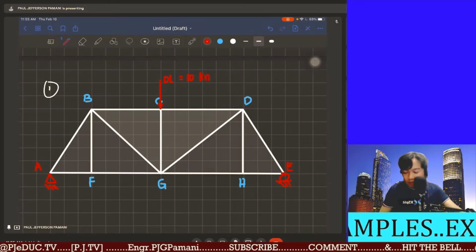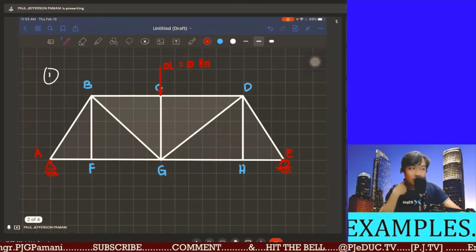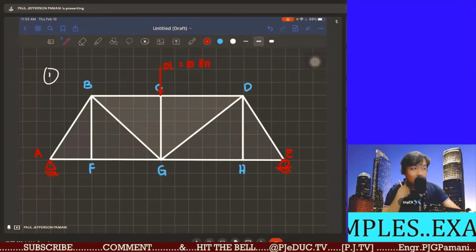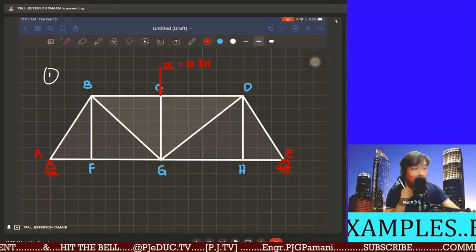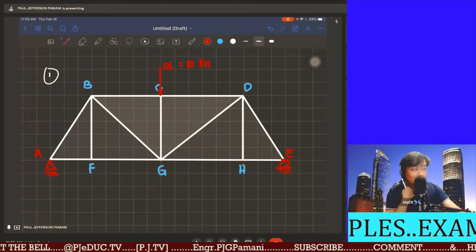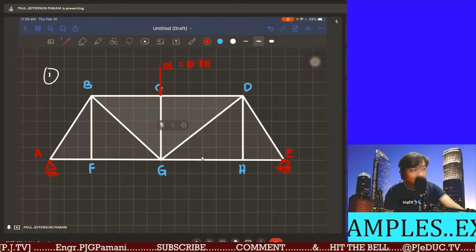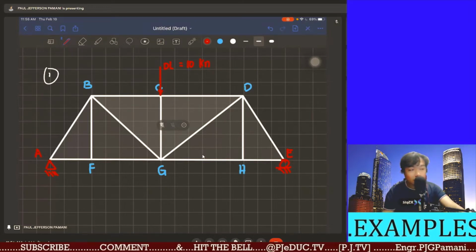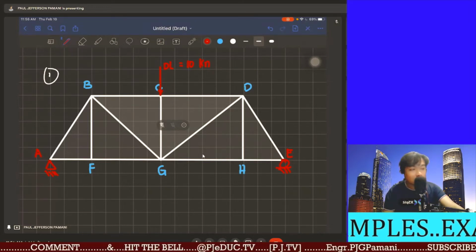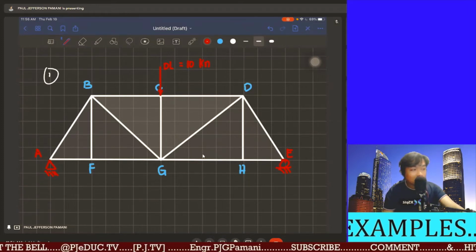Isa pang dead load na naiiba. Parehas lang naman yan dun sa isang example eh. Isa pa. Joint F, upward, downward. Joint H, upward.